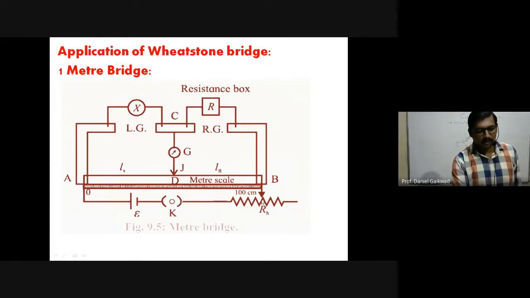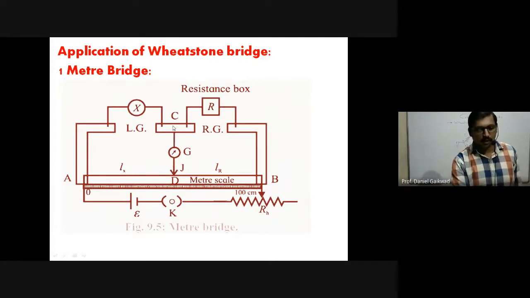And we fix the meter scale below the wire. So the wire stretched from point A to B is the meter bridge wire. Below that we have fixed a meter scale for taking readings to measure the length.